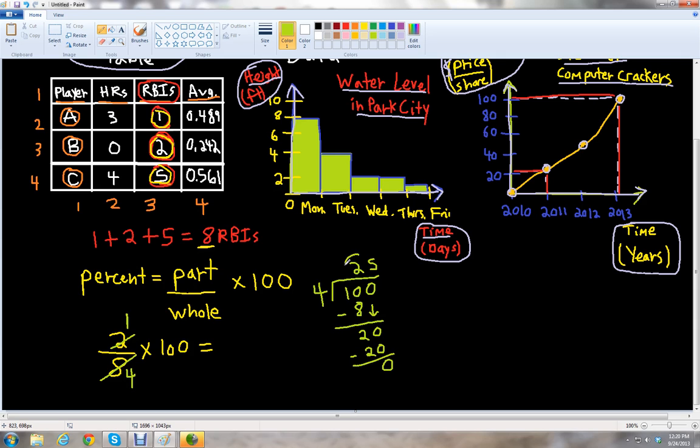We have no remainder, so 25. And then that cancels out and becomes 1. So we have 25%. So this means that player B hit 25% out of the total RBIs for his team.